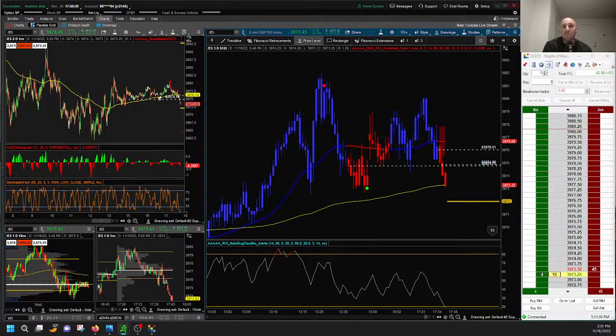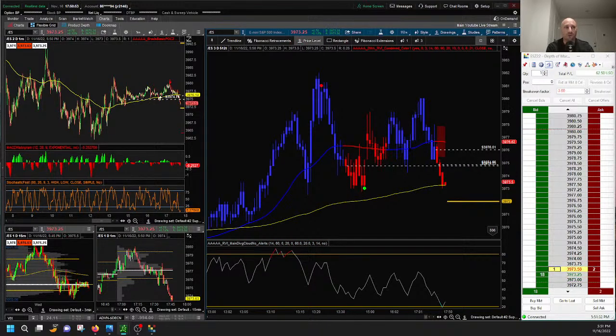I've had to expand my target from 1 point to 2 points, and my stop loss to 2 points. But when the VIX is really low and the markets are barely moving, I'll usually have no more than a point and a half of a stop and 1 point target.